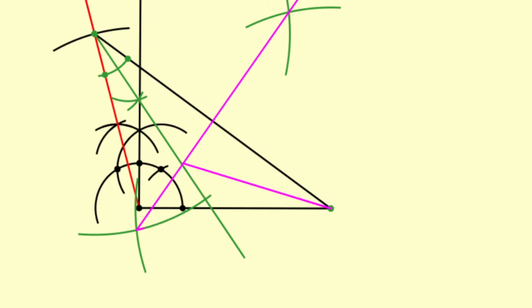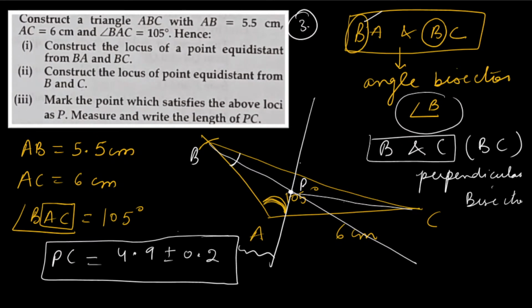C point is at the top. That's why I showed you the rough construction at the starting itself. Maybe if you have drawn B point here and C here, then you might have drawn it opposite. But my triangle was like this. I took AC as the base and here AB. That's why I told you at the starting itself I am taking the base as AC.